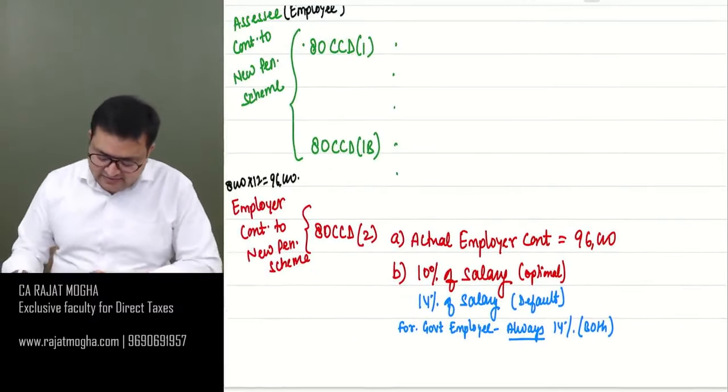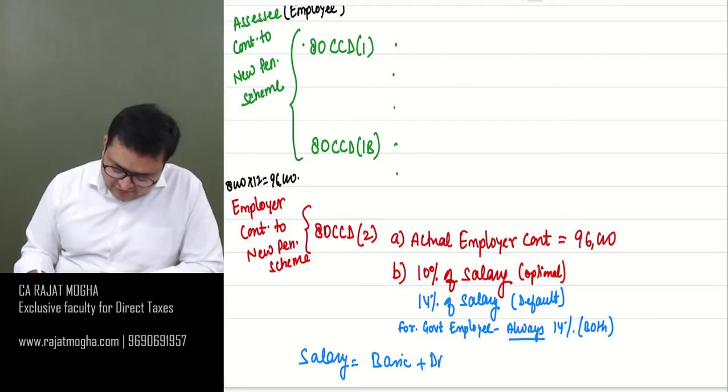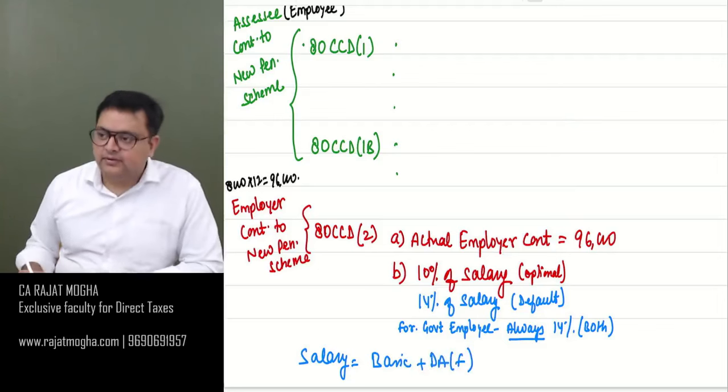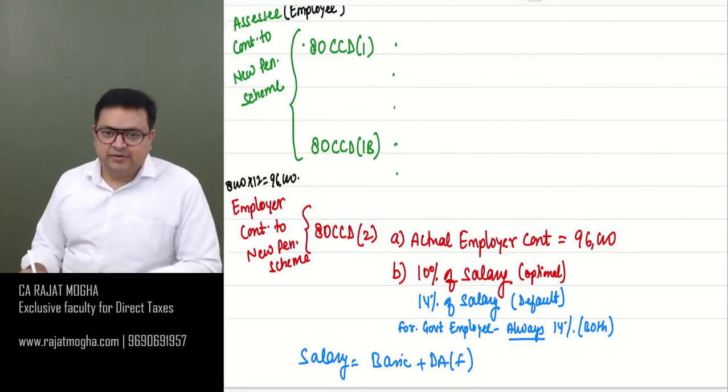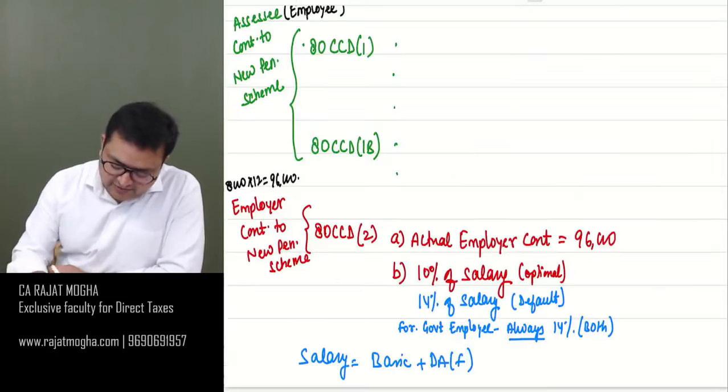And here salary means basic salary plus DA forming part. So in this case, 60% is the DA forming part.